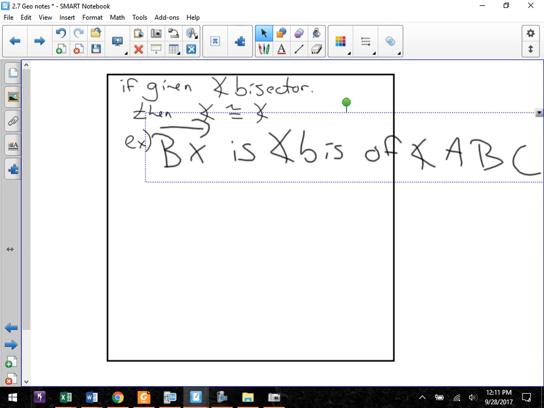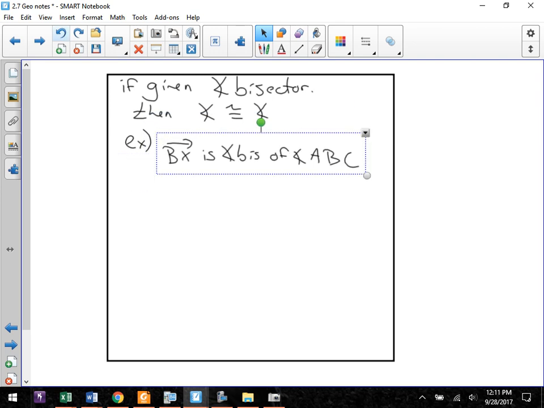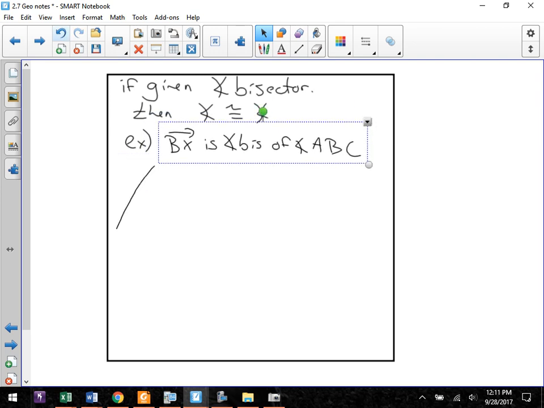So now, like we were just saying, draw the example. So we draw our little picture. A, B, C, there's X. Now we know that an angle bisector cuts an angle into two congruent, equal parts.